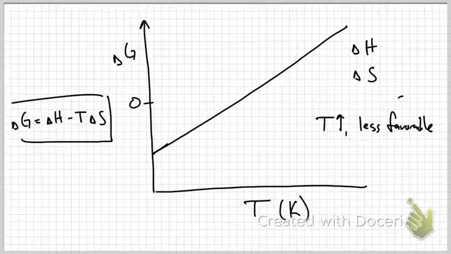So would they both be positive since changing S is dependent on temperature? And both are not favorable, so H has to be positive. So if H is positive, and we're subtracting a really small number times a positive, then this is probably all going to start out positive, right? Do we start out positive?